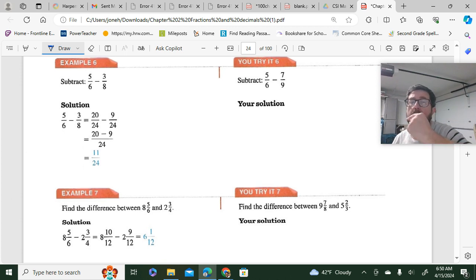Okay, so you try it, pause it, do the math. You don't have to hit the fraction button twice on this one. You do 5 fraction button 6 minus 3 fraction button 8.